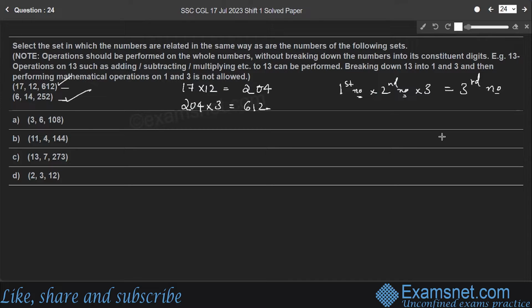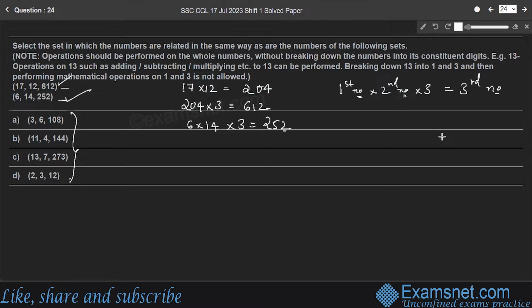So let us check the second set, whether first number into second number into 3 is third number or not. 6 into 14 is 84. 84 into 3 gives 252, which is correct. So among the four options given, which option follows the same logic?